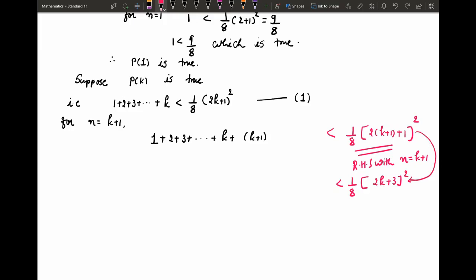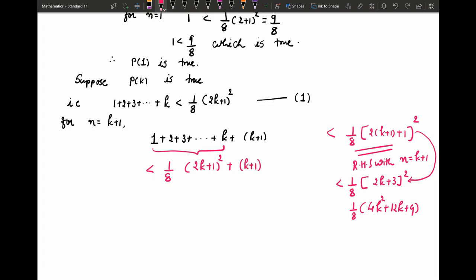So actually this is 1 by 8 into 4k square plus 12k plus 9. Now the sum of the first k terms is less than 1 by 8 into (2k plus 1) whole square, plus k plus 1.